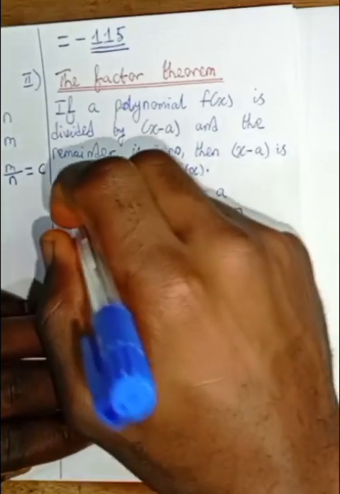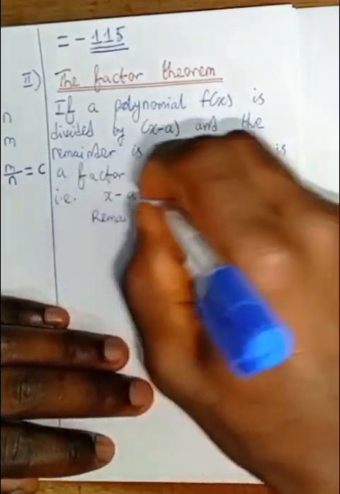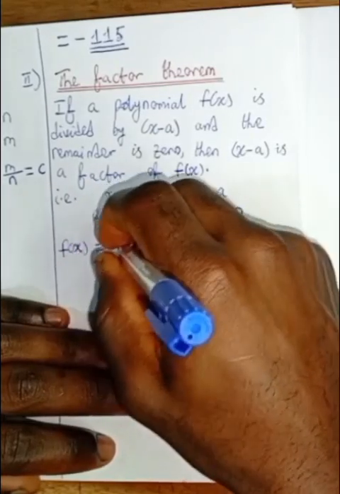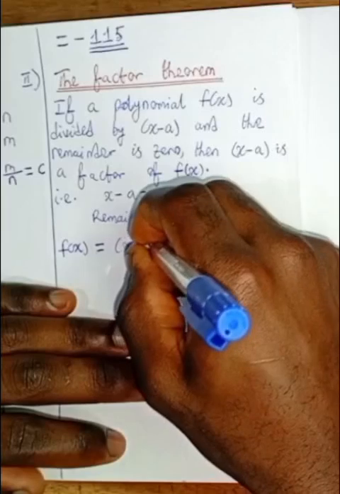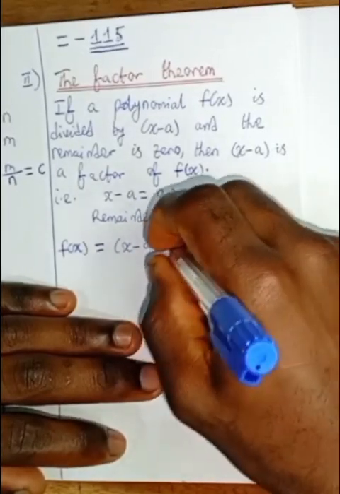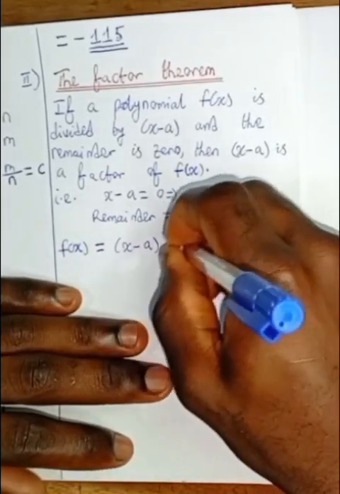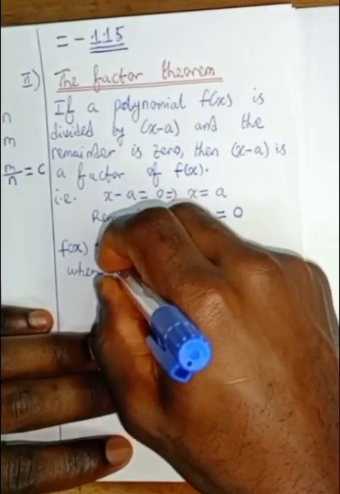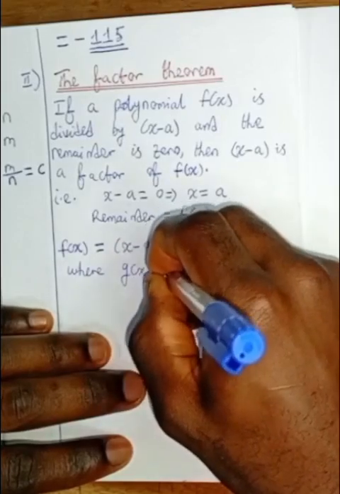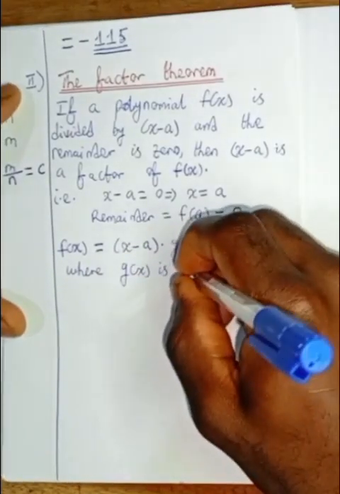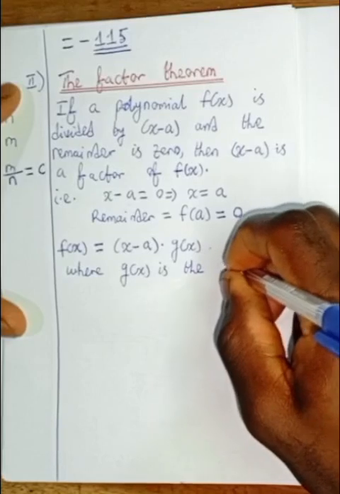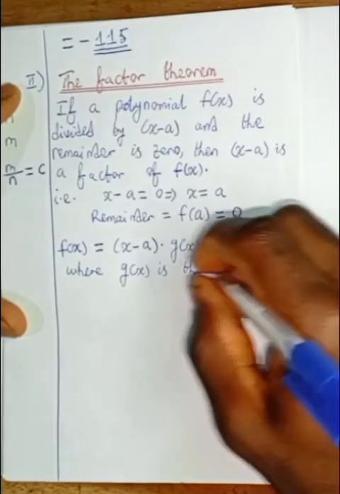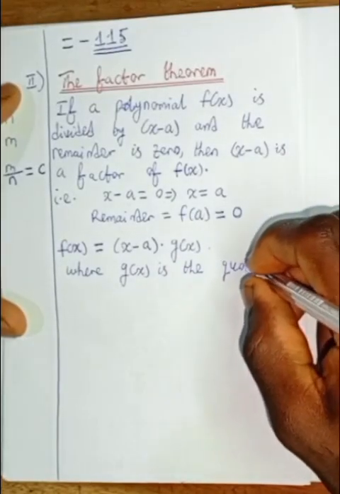In this case, we are going to conclude that the polynomial f of x will simply be equal to x minus e times g of x, where g of x is the quotient you obtain after dividing the polynomial f of x by x minus e, since the remainder will be 0.